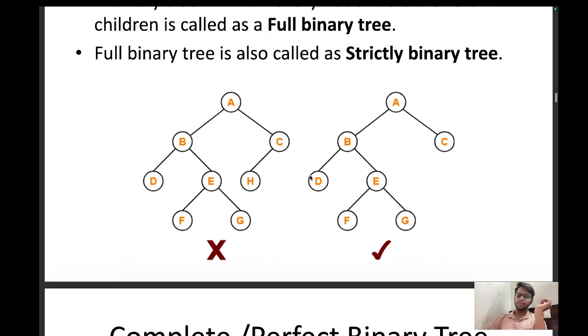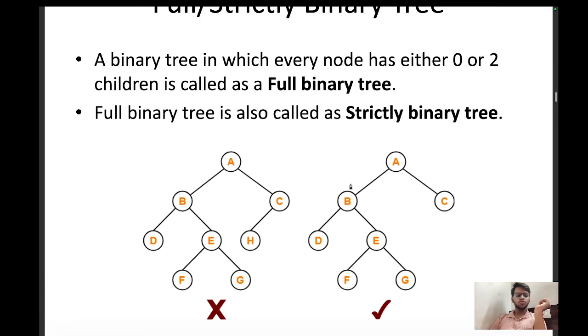So you have to strictly check that every node has two children. In this case, you see that C has only one child, so this is not a full binary tree, as we can see from the figure itself. And in this figure, we see that he has no children.